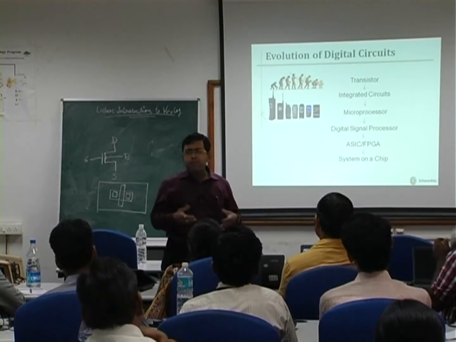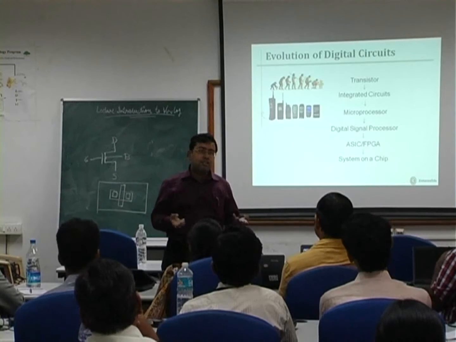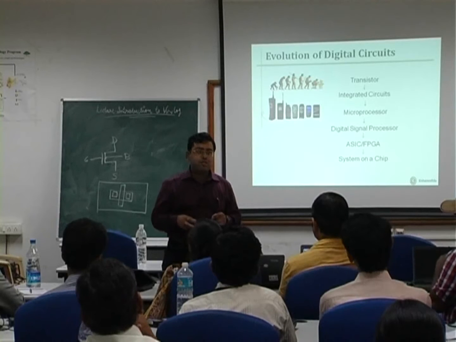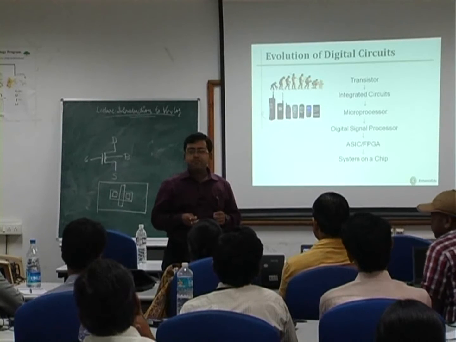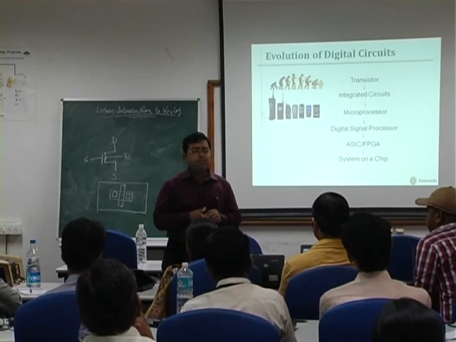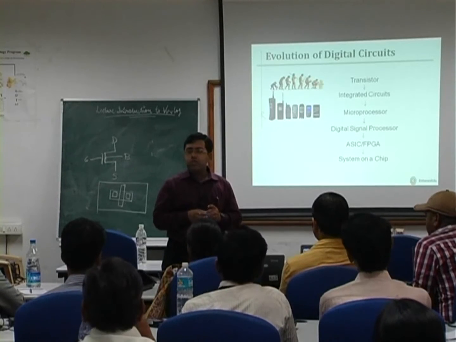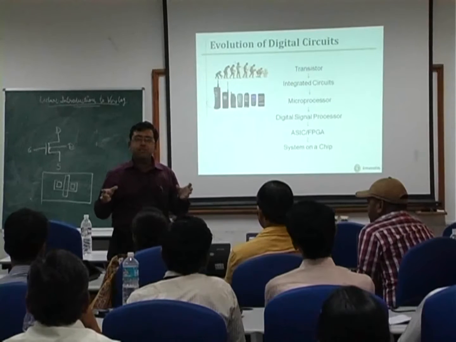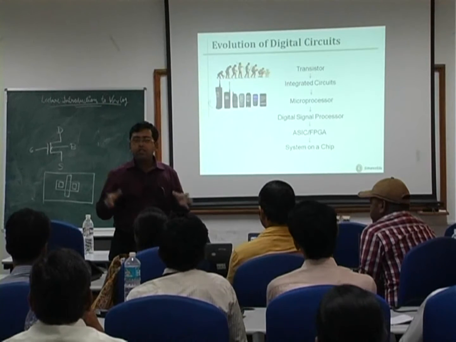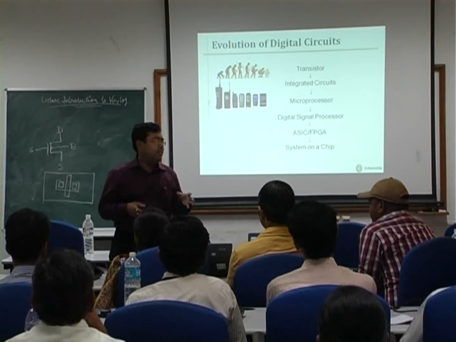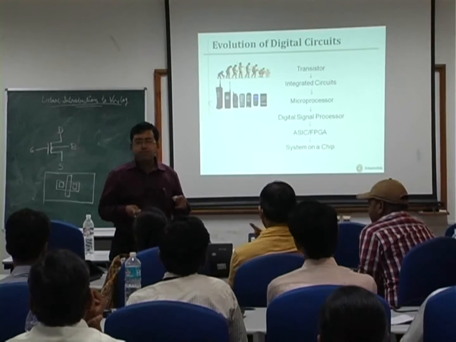And in fact, when people developed transistors, they thought, why not put multiple transistors on a chip. Robert Noyce was first successful in putting 2 transistors on the same chip in 1958.